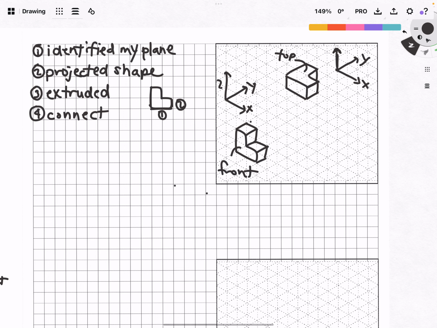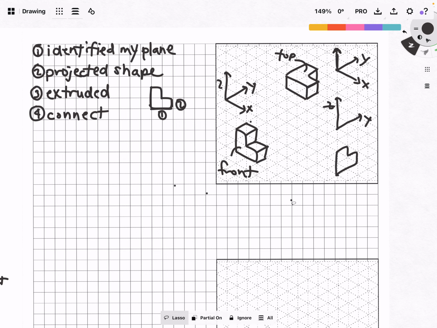Okay, my last one is my right view, and I know my right view is along my y-axis and my z-axis. So I'm going to draw my triomino along my y, up my z, along my y, up z, along my y, and then down z.